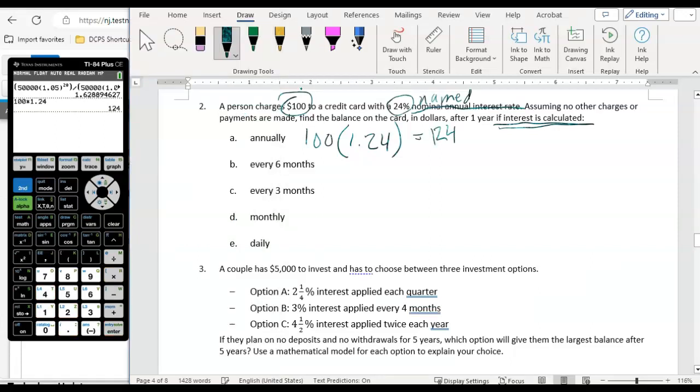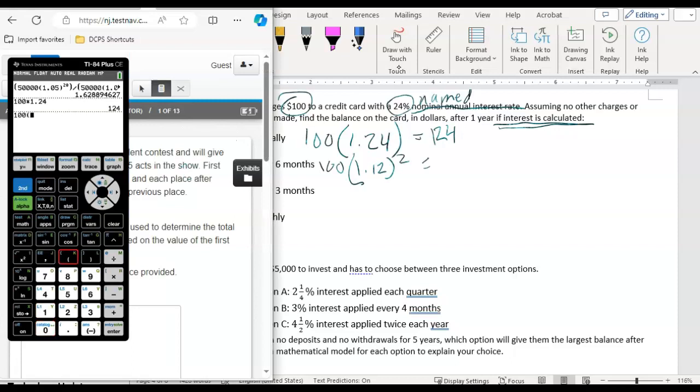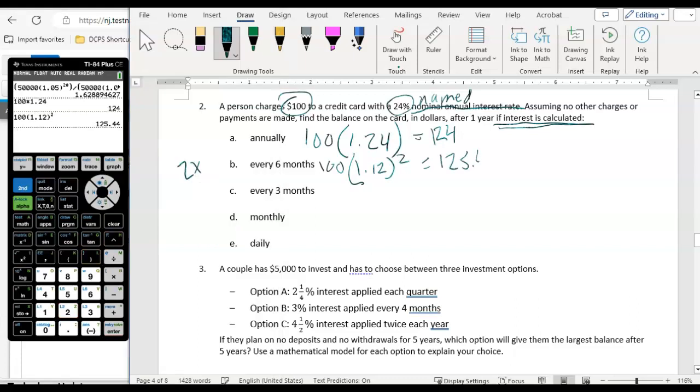Now here, every 6 months, I'm doing 100 times 24% divided by 2, because every 6 months means 2 times, then it's going to be 12%. So 1.12 to the power of 2, because I'm doing it again 2 times. So 100 times 1.12 to the power of 2 gives us 125.44. So remember, that makes sense because it's increasing from that amount for just happening 1 year.